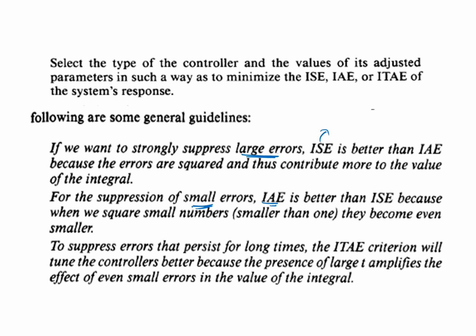Then if you want to suppress error for long times, because we have included t in this, the formula is t into error, this is your ITAE. Since you want the errors to be suppressed for a long time, then use this. And if you want to suppress small errors, it is the integration of |e(t)|.